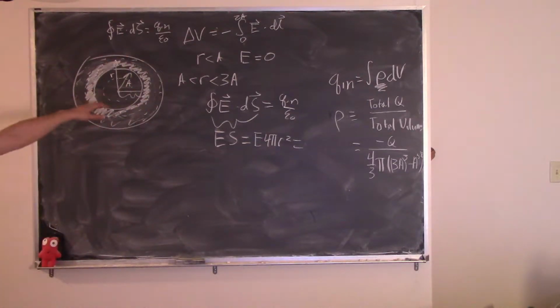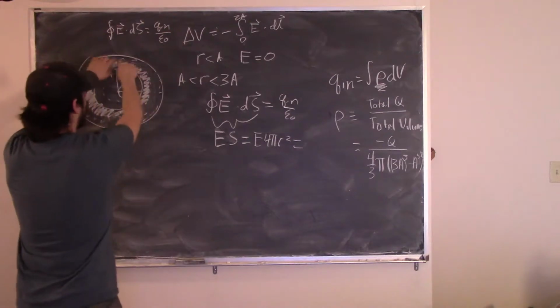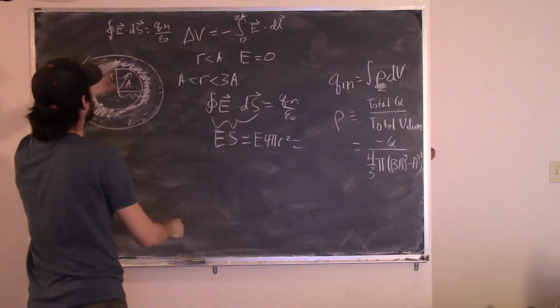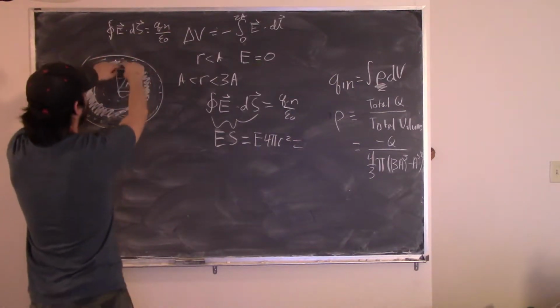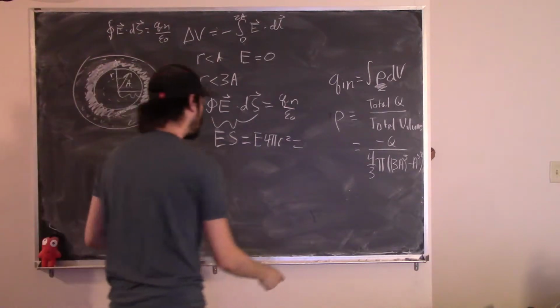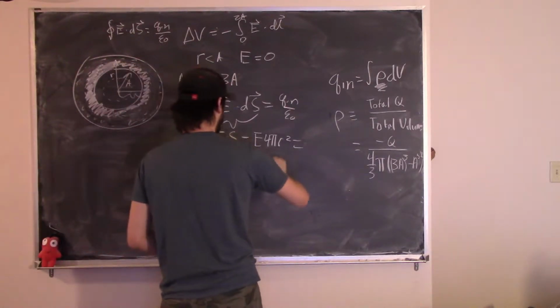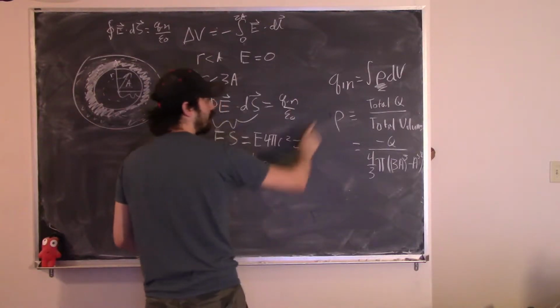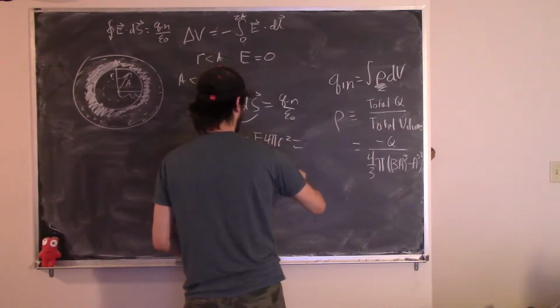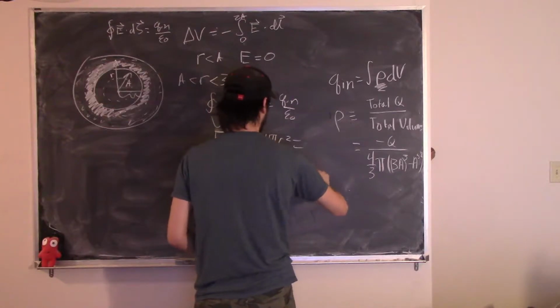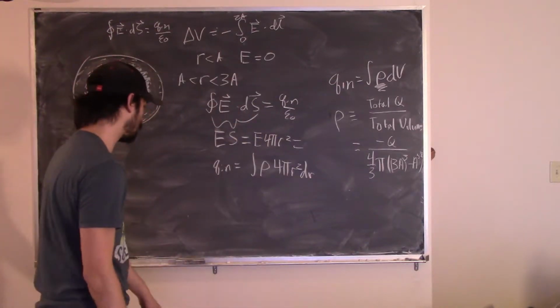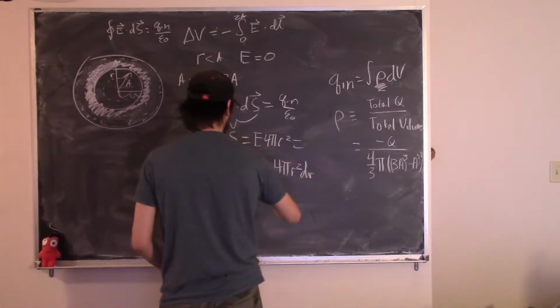It doesn't go all the way up to 3A, because 3A is outside of the Gaussian surface. We only want the charge up to the edge of the Gaussian surface. So when I do Qn equal to the integral of rho dV, dV is going to be 4 pi r squared dr because this is spherically symmetric, and this goes from A to r.